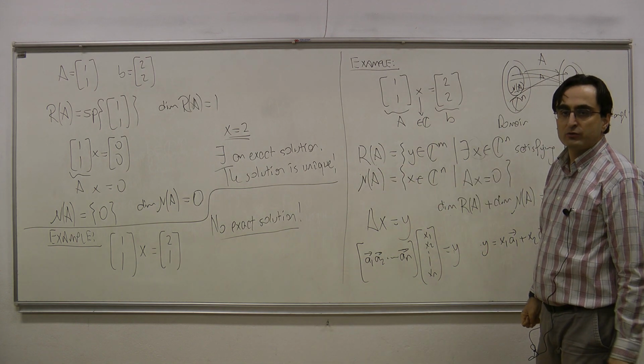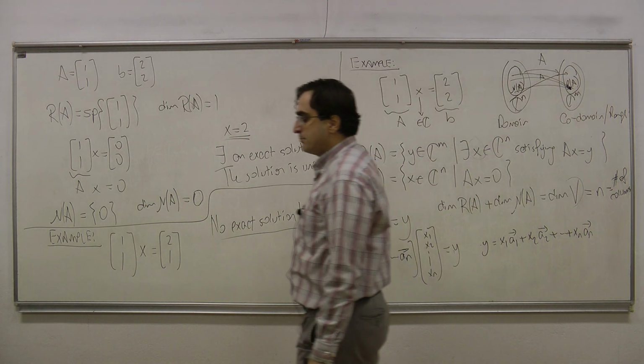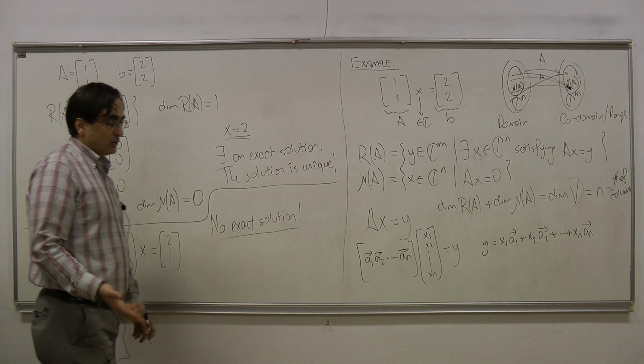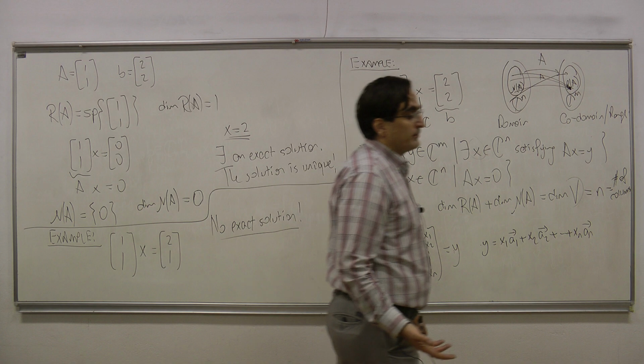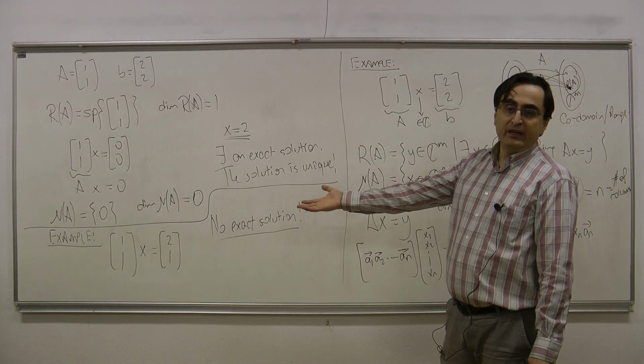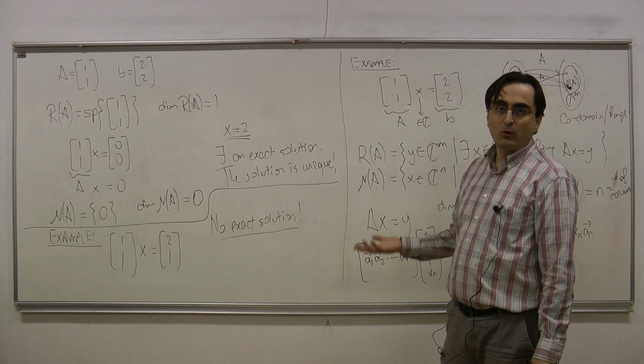This is related to the vector b. The existence of an exact solution is related to whether b is an element of the range space of A or not.